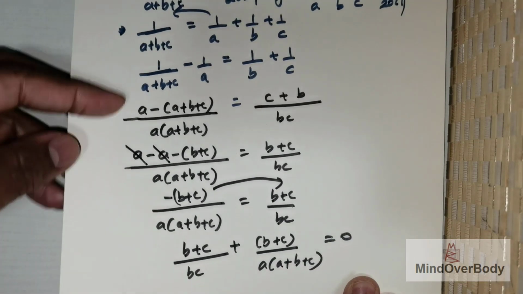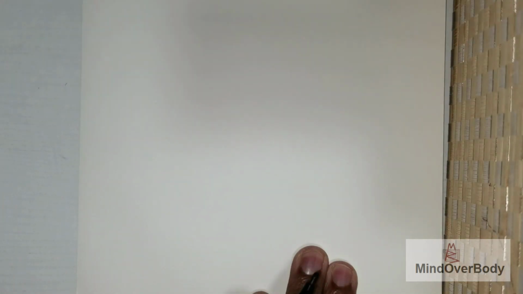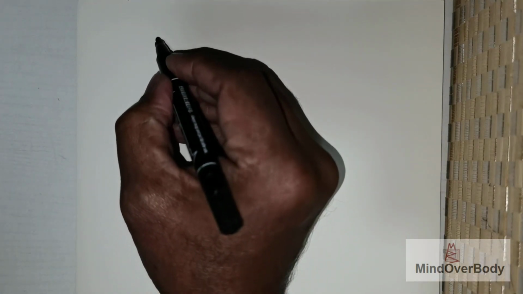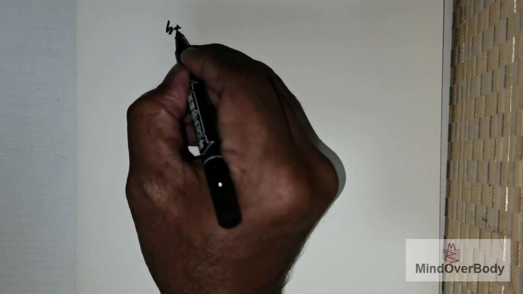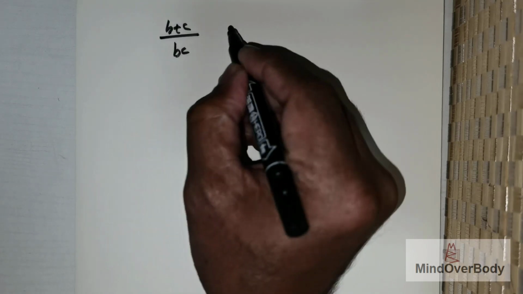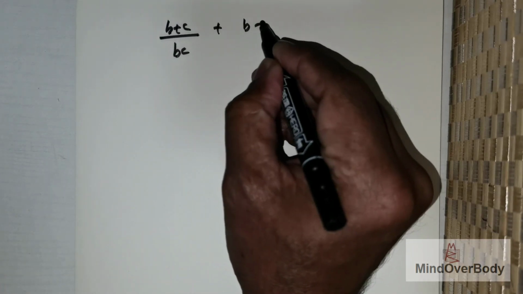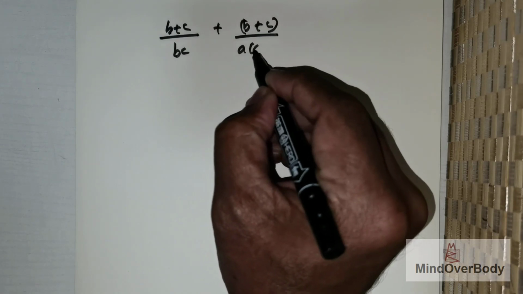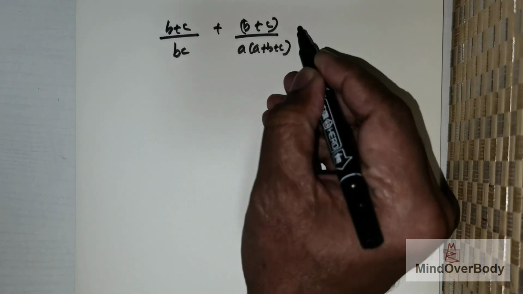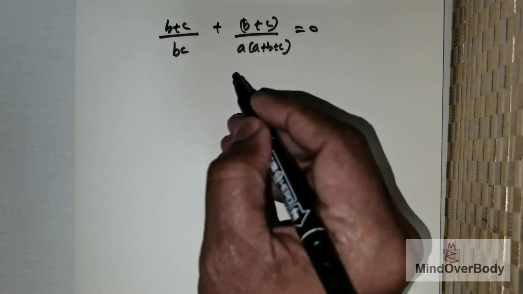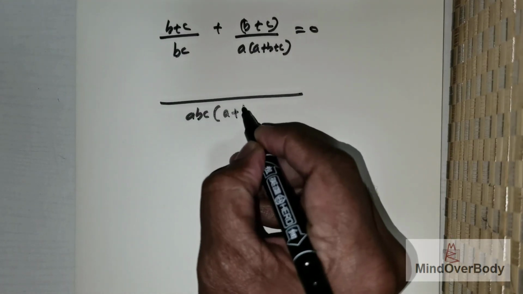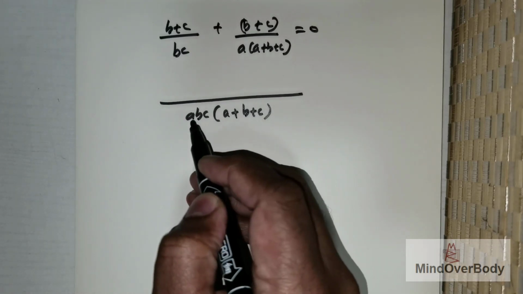So now I have to take the LCM. I've got the following terms here: (b + c)/bc + (b + c)/(a(a + b + c)) = 0. Now I can take the LCM as abc(a + b + c).